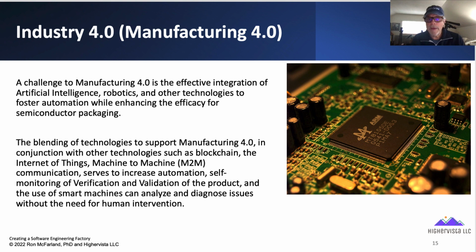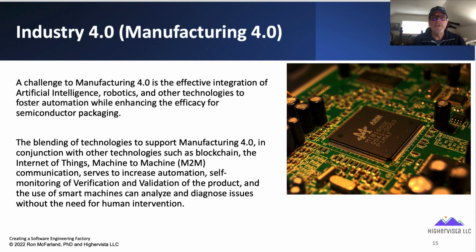Well, we'll talk throughout this presentation about other technologies that can be part and parcel, like blockchain technologies. The blending of technologies to support Manufacturing 4.0 in conjunction with other technologies such as blockchain, the Internet of Things, or IoT, Industrial Internet of Things, the machine-to-machine M2M communications, increases automation, but it also enhances manufacturing.